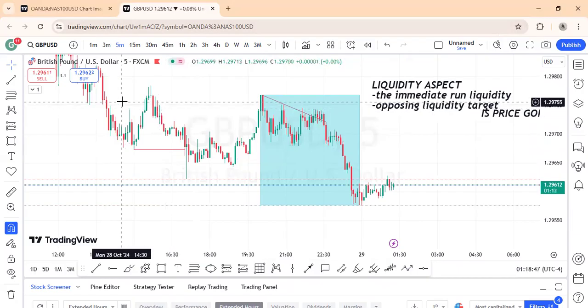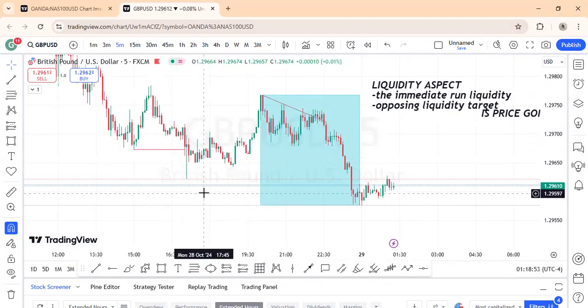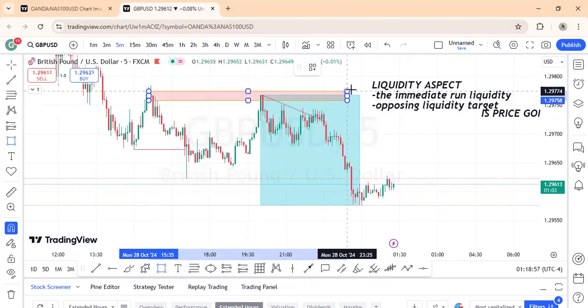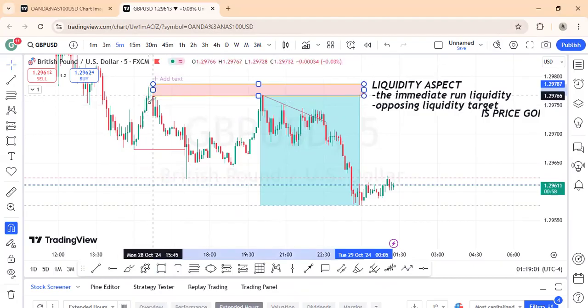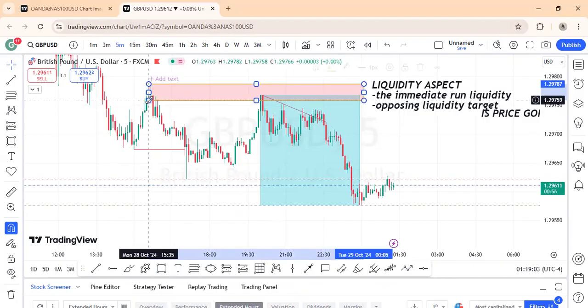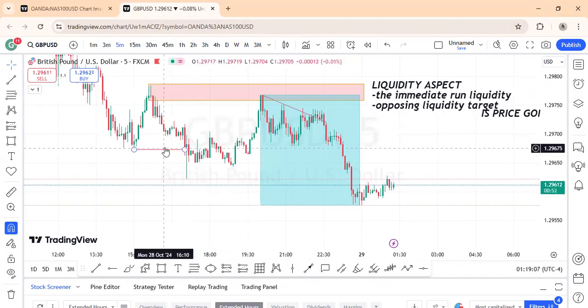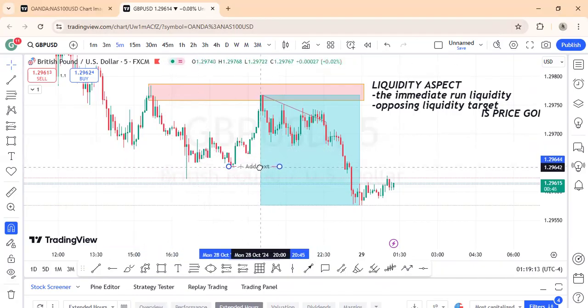Now after that, what happened? Price pushed up and tapped into this last order block here, right? And then as price tapped it, what happened next? What would we do in this case? Our target becomes the opposing liquidity, which is this, right?